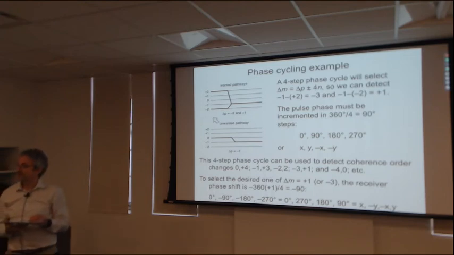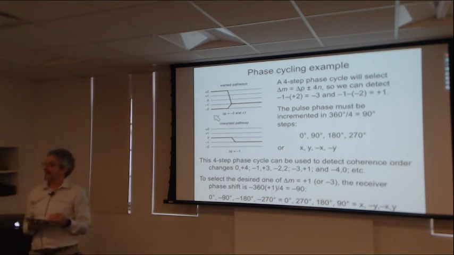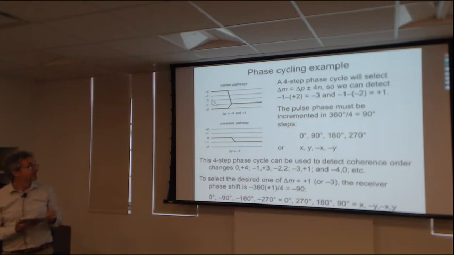Now our pulse sequence might not excite -6 quantum coherence to any appreciable degree, so we might not care. It could be that we want to keep both +2 and -2, in which case the 4-step phase cycle is fine. If for some reason we only wanted +2, we would need a 5-step phase cycle. So that we would reject -2, and then -3 would be the next one we would be selected.